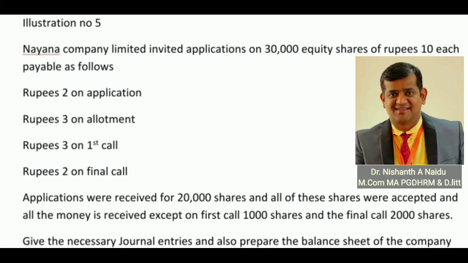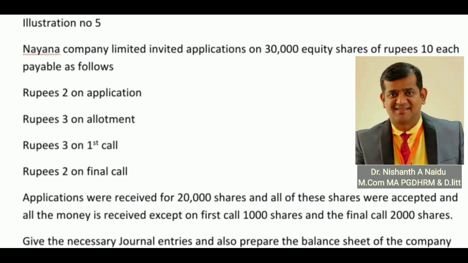Illustration number 5. Nayana Company Limited invited applications on 30,000 equity shares of rupees 10 each, payable as follows: rupees 2 on application, rupees 3 on allotment, rupees 3 on first call, rupees 2 on final call.